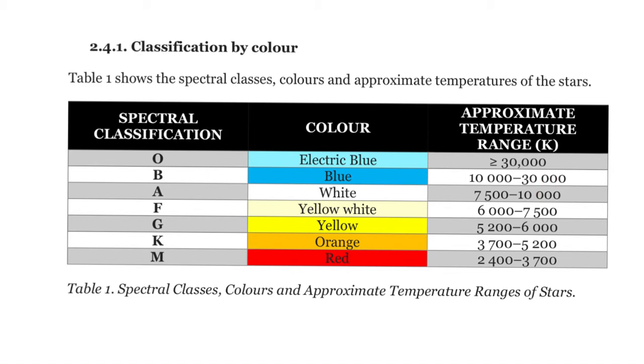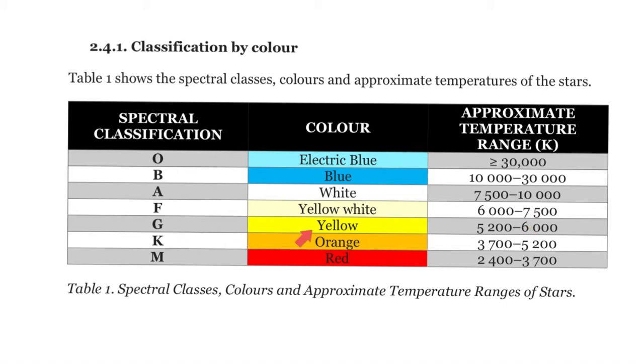Now, when we talk about the temperature range, we are talking about their surface temperatures, not the temperature at the center of the star, which can be millions of degrees Celsius or millions of Kelvin. An A star is a white color, and it ranges between 7,500 to 10,000 Kelvin. An F star is a yellowish white star, and its temperature ranges between 6,000 to 7,500 Kelvin.